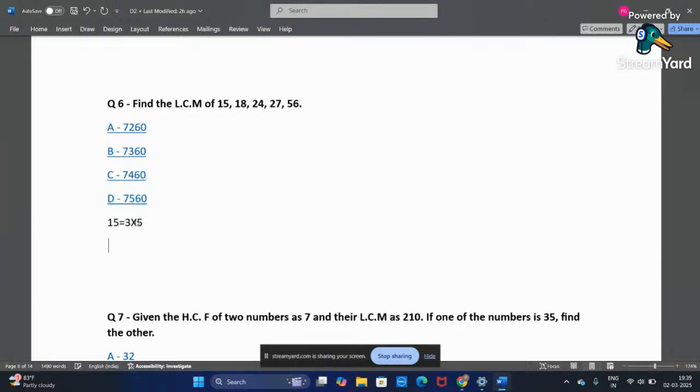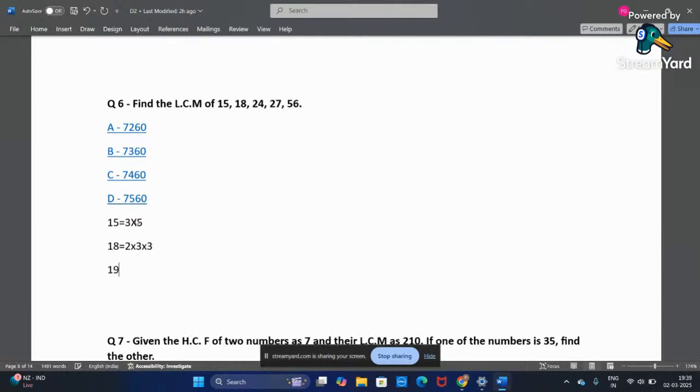While doing LCM. Yes. For 18, we are getting 2 into 3 into 3, right? For 24, what are the digits we are getting? 2 into 2 into 2 into 3.